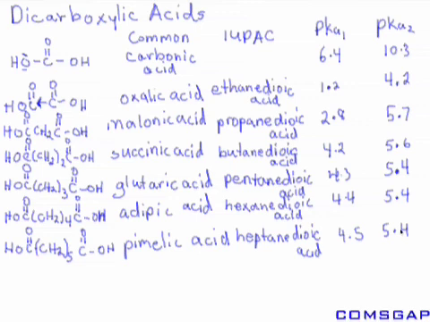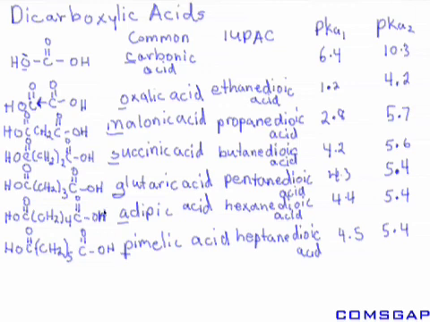Okay, now we're going to look at some more of these dicarboxylic acids, but you've got quite a few common names here to remember. And so I want to give you a memory aid, often to help remember the number of carbons, starting with 1 carbon. If you remember the term COMSGAP, C-O-M-S-G-A-P, and then you just count 1, 2, 3, 4, 5, 6, 7.